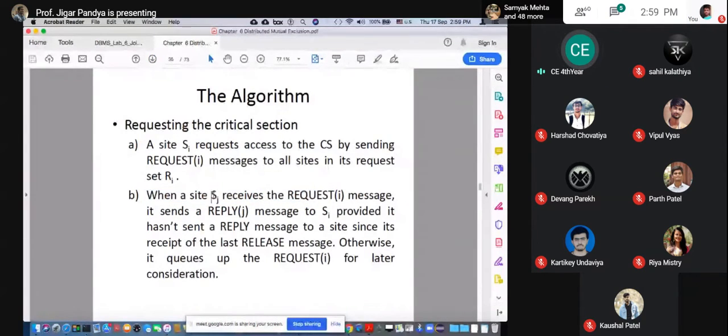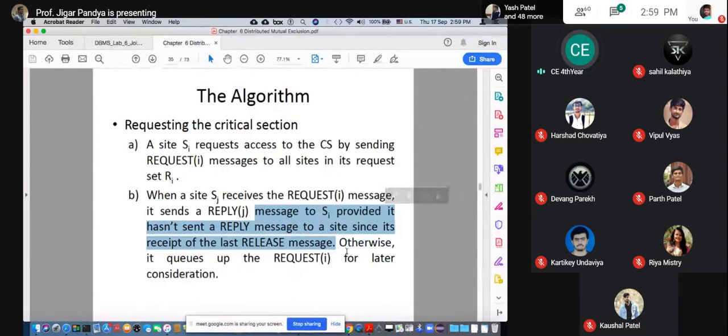Either site number 1 or site number 3, without loss of generality, you can think of them as site J. Let's say site J receives a request from site 2. It sends a reply message to that site, provided it hasn't sent a reply message to any other site since the last release message.